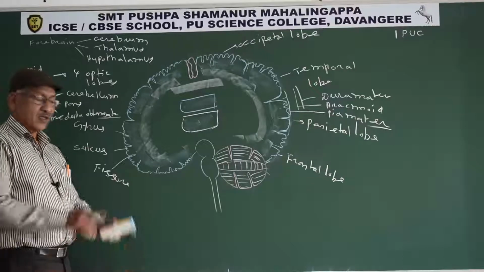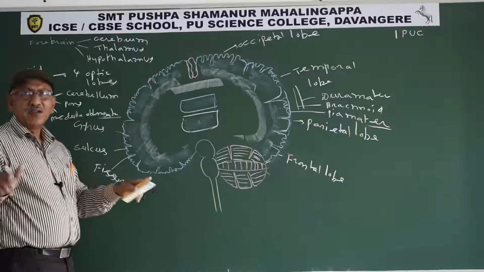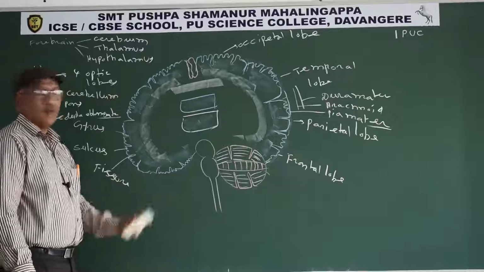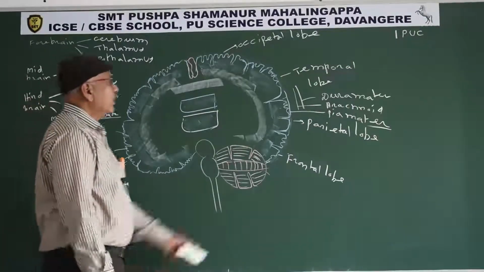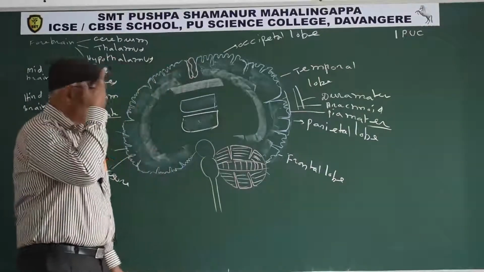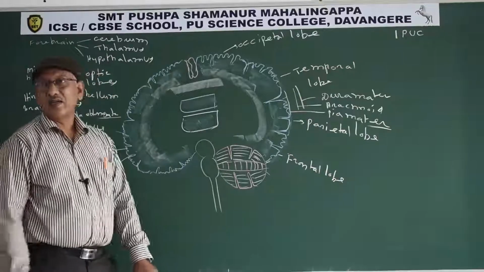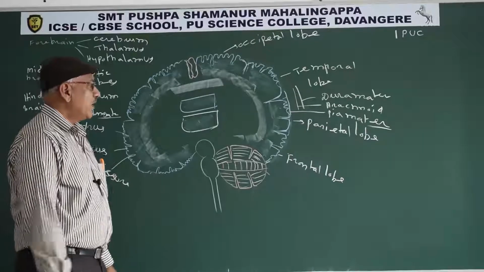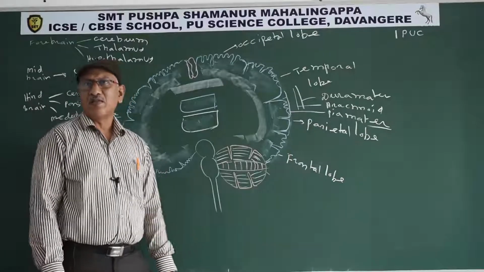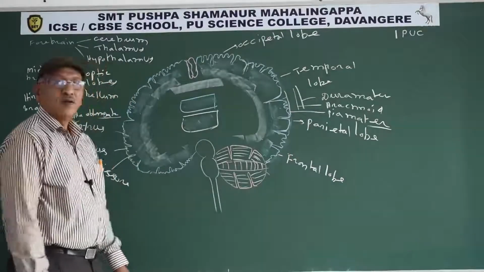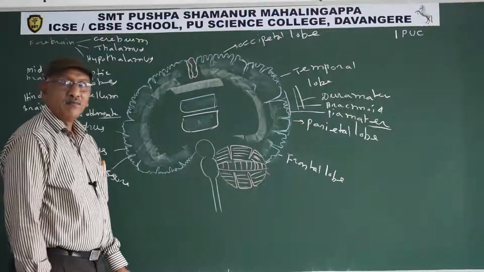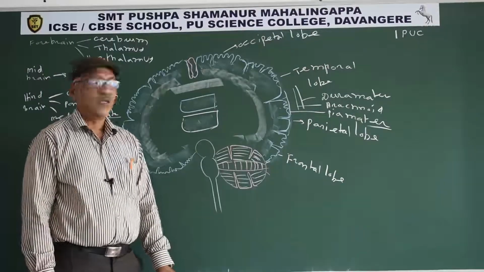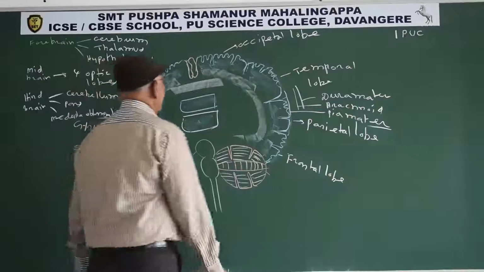Gyri and sulci are responsible for increase of surface area of cerebral hemispheres. Cerebral cortex contains 3 parts: sensory area, motor area and associated area. Associated area performs special functions like memory and communication.